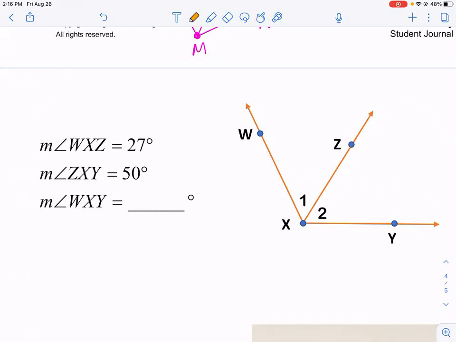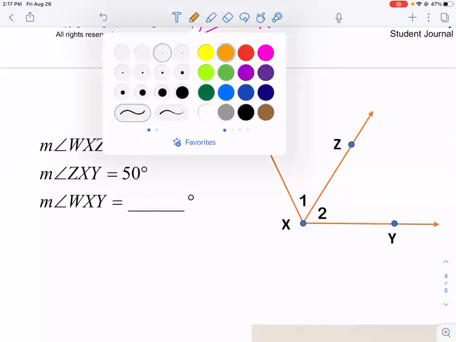All right. Now you have a picture and I have some information. Okay. Anytime you have a picture and it gives you information, put that information on your picture. Okay. So I'm going to write that WXZ. I should not be using orange.